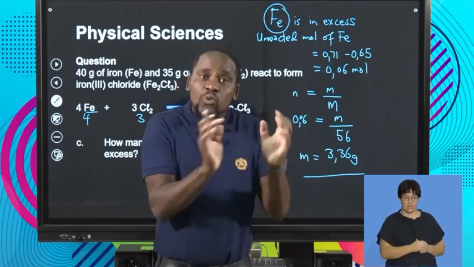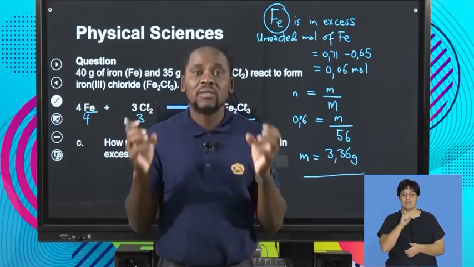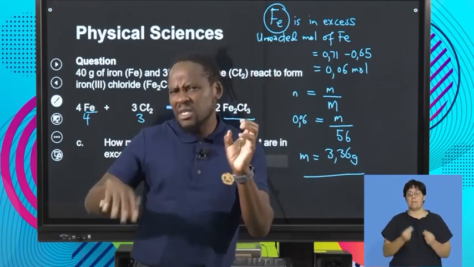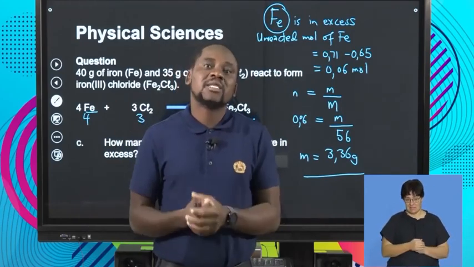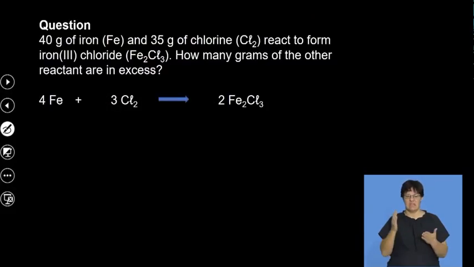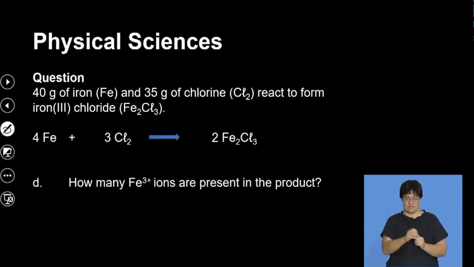We always work in moles because that's the SI unit of quantity of matter. So we can change the unreacted moles to determine the mass that remains of the excess substance. These are some of the very important ideas.